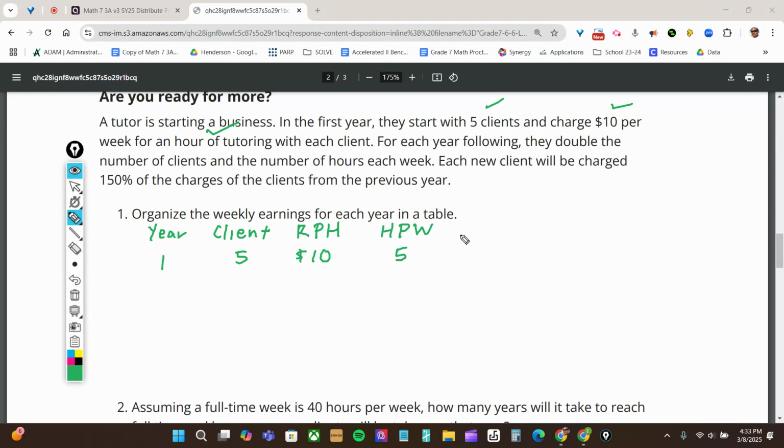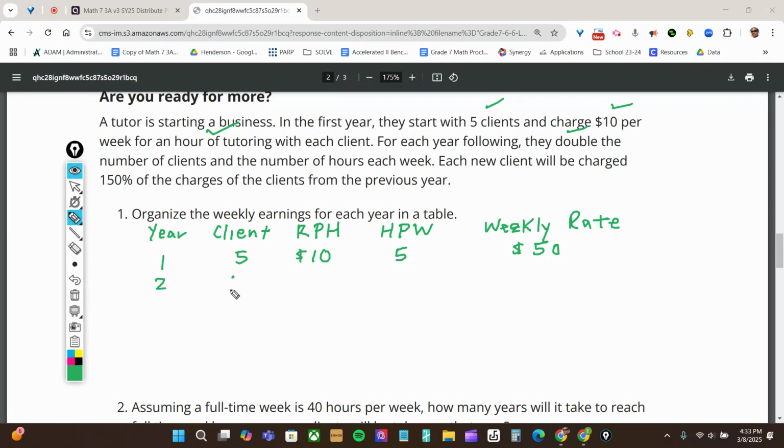So we got $10 times 5 is weekly rate, is $50.